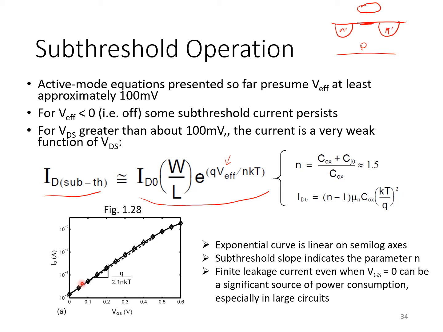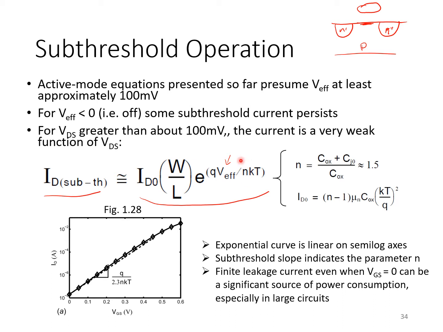And the slope of the line is determined by the constant of proportionality in the exponent here, which in this case is q over nkT. q is the fundamental electronic charge, k is Boltzmann constant. Importantly, T is absolute temperature, so there's a strong temperature dependence at play here in determining the amount of leakage current or subthreshold current that we see.